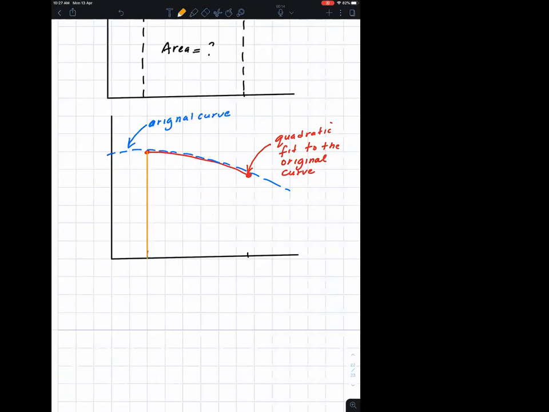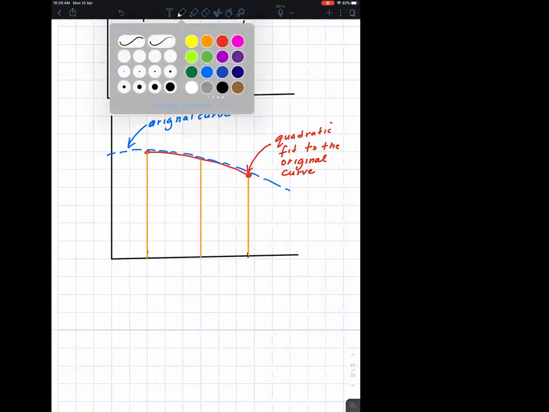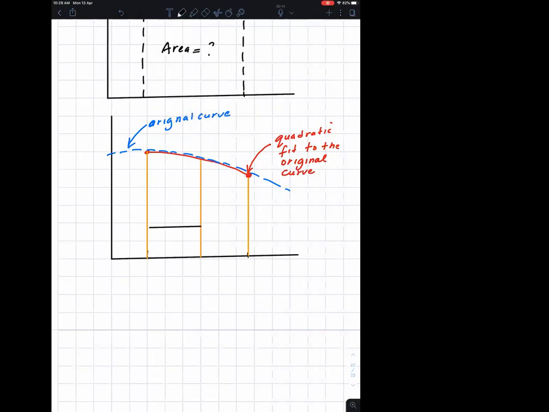We're going to split this curve into two equal intervals. Just assume they're equal intervals. The length from here to here is h, and the length from here to here is also h.